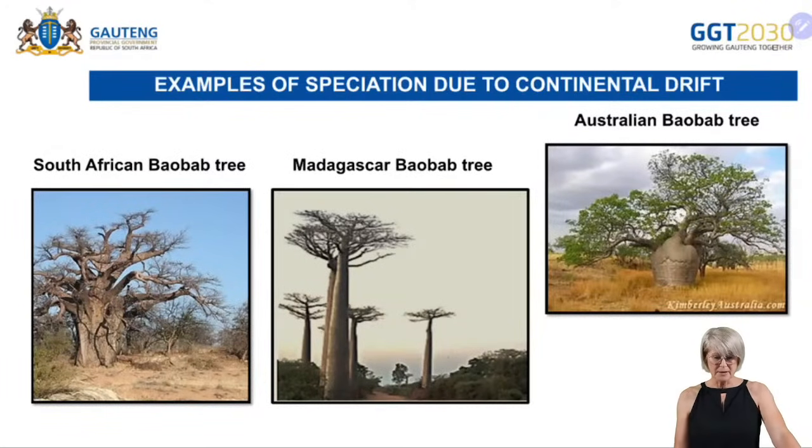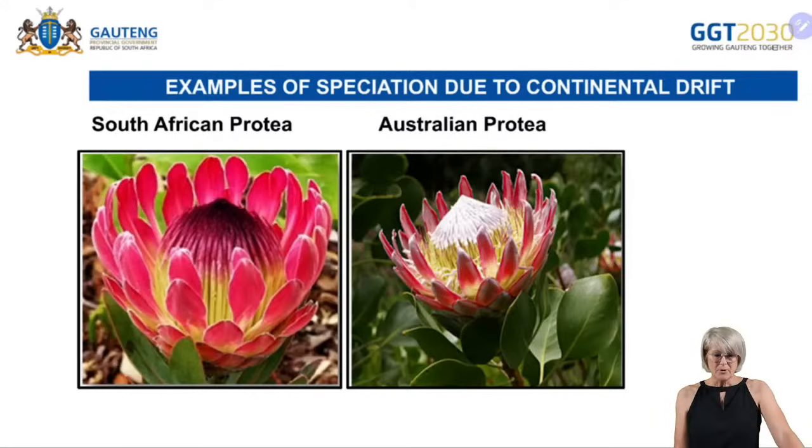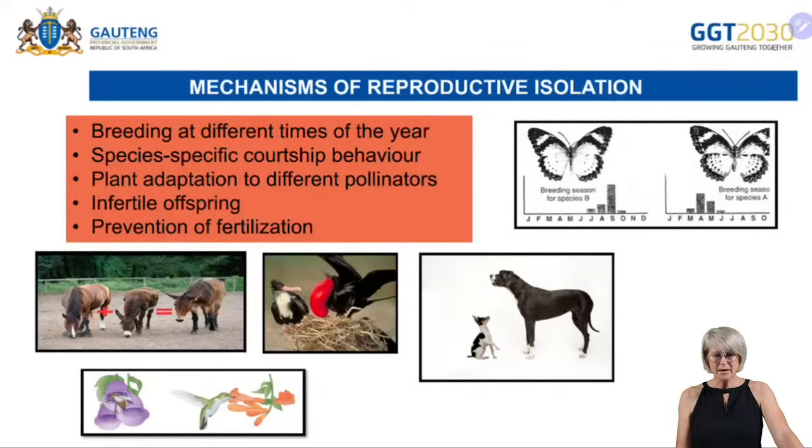If we have a look in South Africa, we have the baobab tree. But if we have a look in Madagascar and Australia, there are also different species of baobab, which means that the continents must have been together. All right, and then the second example is of our national flower, which is the protea. Australia also has proteas.